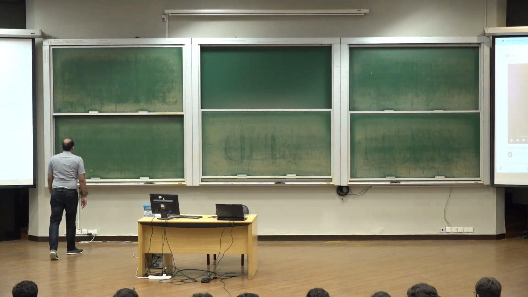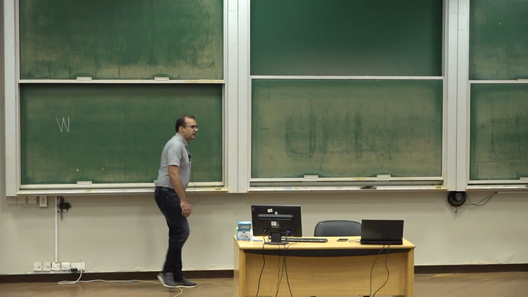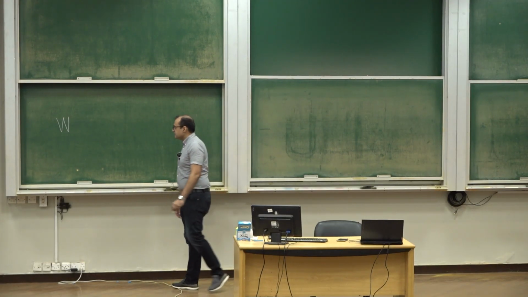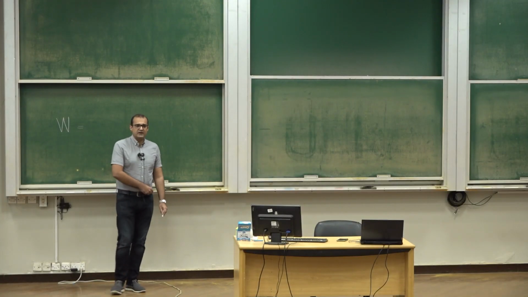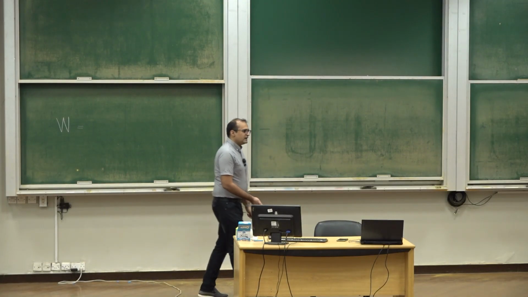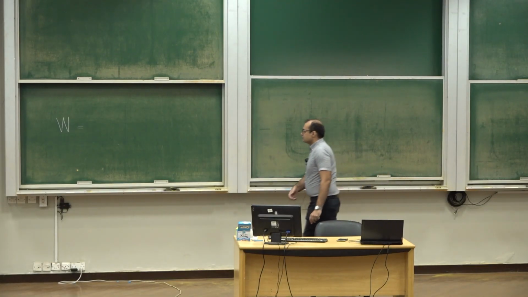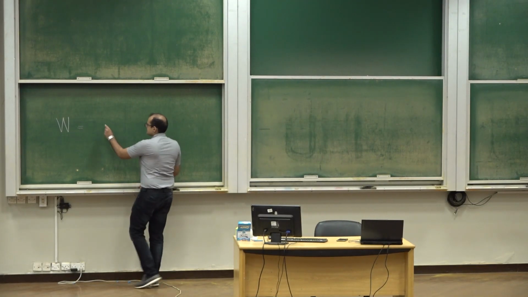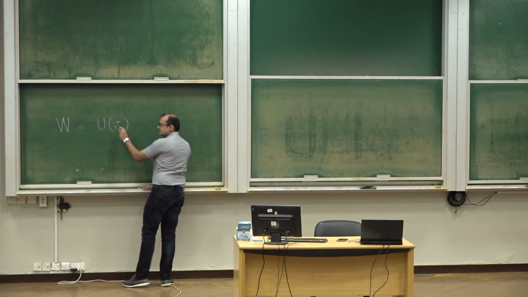As such, the work done by a conservative force in taking a particle from point A to point B can be written as the difference in the value of a function calculated at point A, calculated at point B. So in other words, you write this as some function calculated at point B. This function is a function of position.